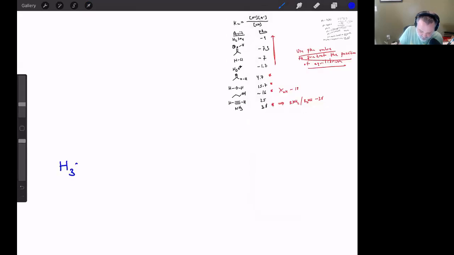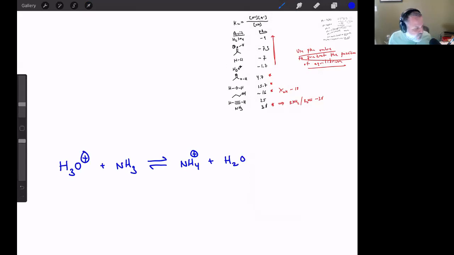What if I have H3O+ and it reacts with NH3 and it forms NH4+ and H2O? Well, let's think about this. Remember, they come in conjugate acid-base pairs.